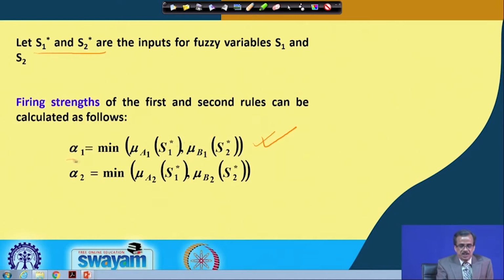This I have already discussed and you will have to find out the minimum of these two mu values and that is nothing but the firing strength of the first fired rule.